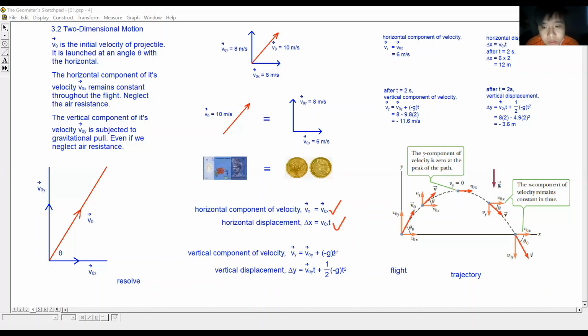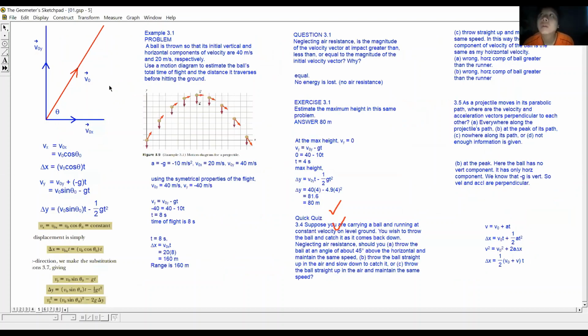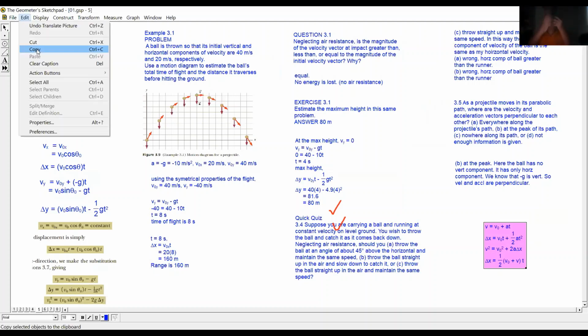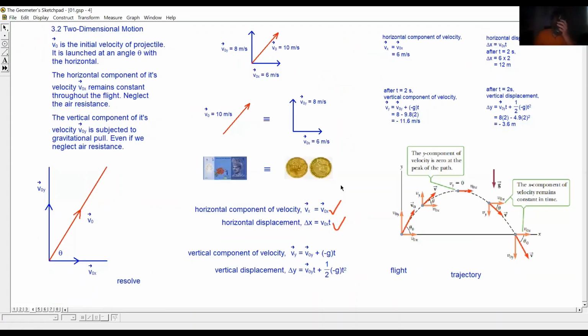If you remember the formula, I tried to copy and paste it into this page. So I paste it here. What we are looking at is the first equation: v equals v naught plus at.